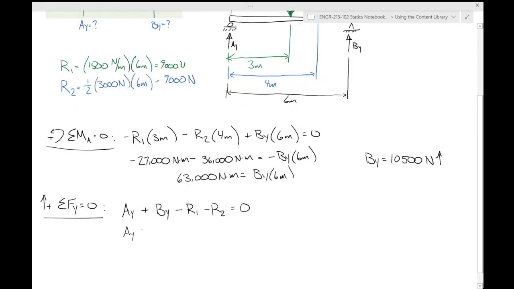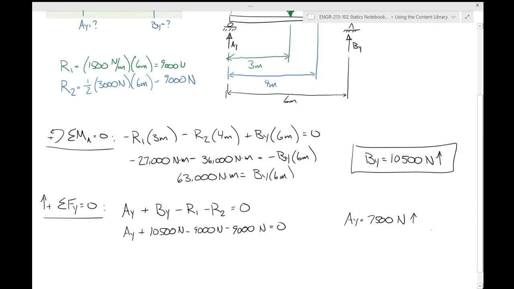So AY plus 10,500 newtons minus 9,000 minus 9,000 equals 0. And so AY is 7,500 newtons up. Now, I've got another method to do this problem.